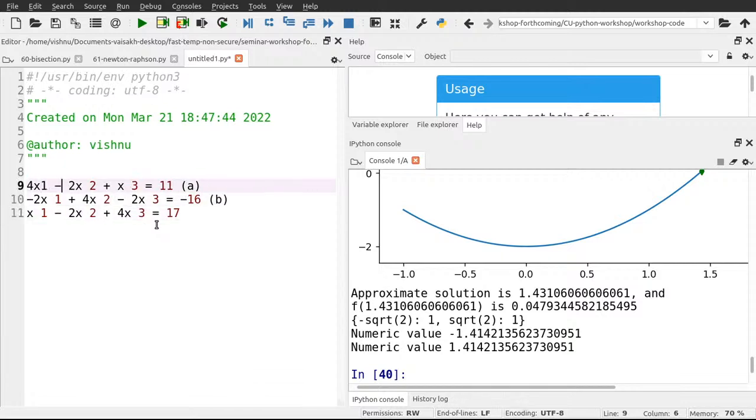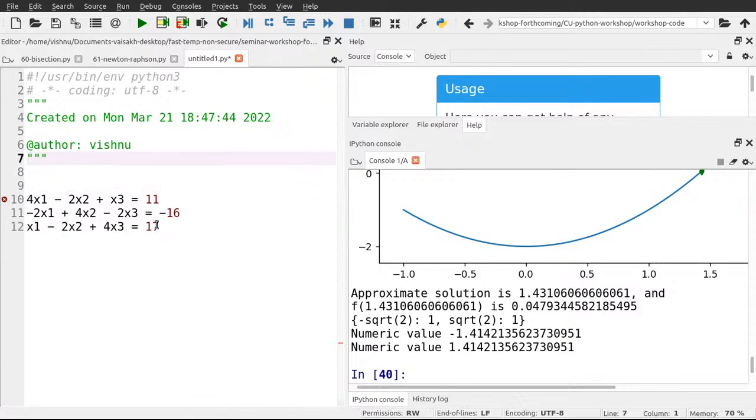So this is the system that we are trying to solve.